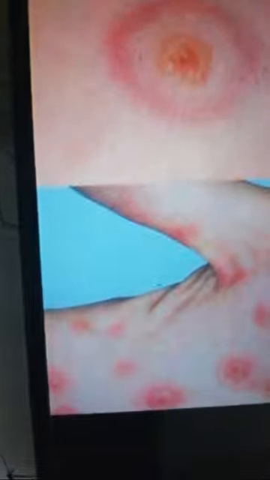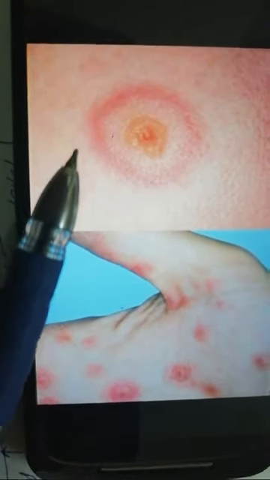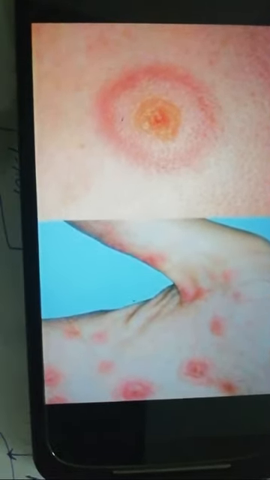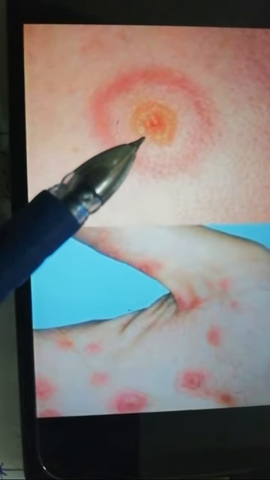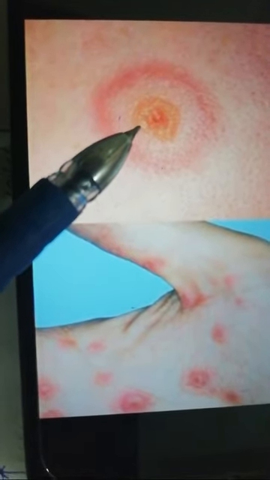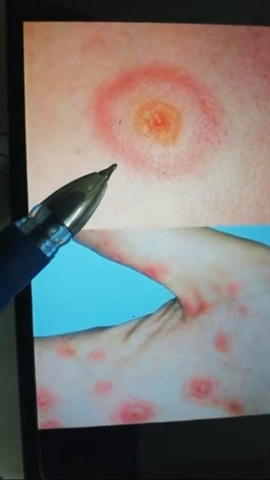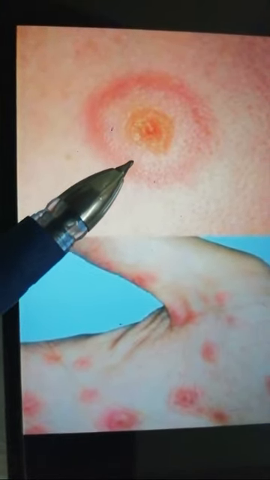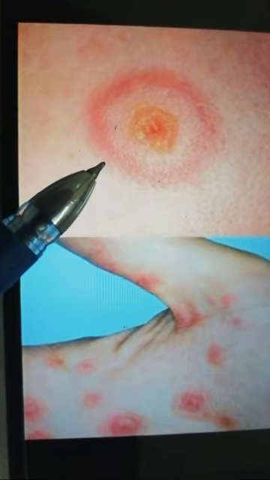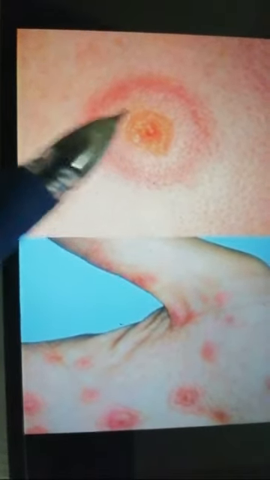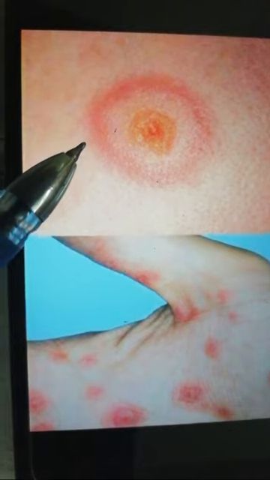You can look at this another picture where you can appreciate more clearly. In the center you have purple, surrounded by white, and then red. So you have purple, white, and red, and this looks like a target, so we call it target lesions.